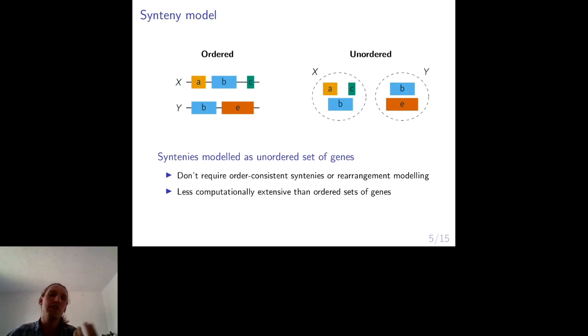If you want to take into account the order of genes, the gene order has to be consistent between synthesis, or you have to model the rearrangement process inside the synthesis to model the evolution. But it's particularly computationally expensive, so we make the choice to use an unordered set of genes.